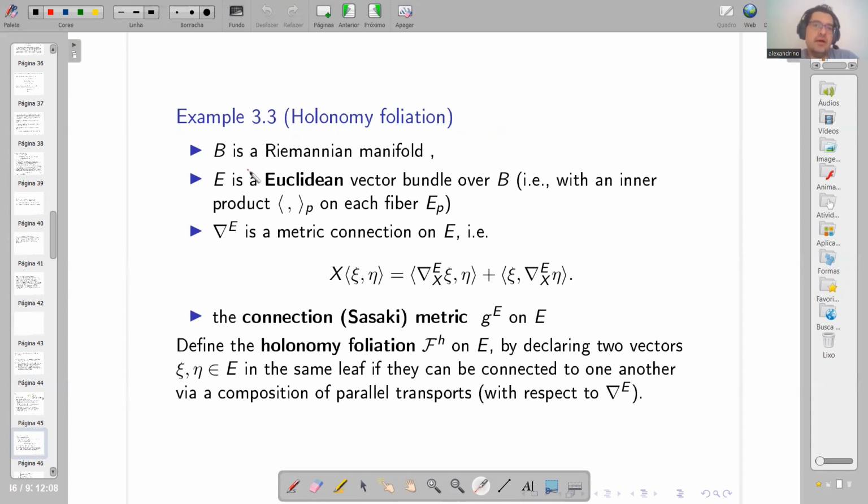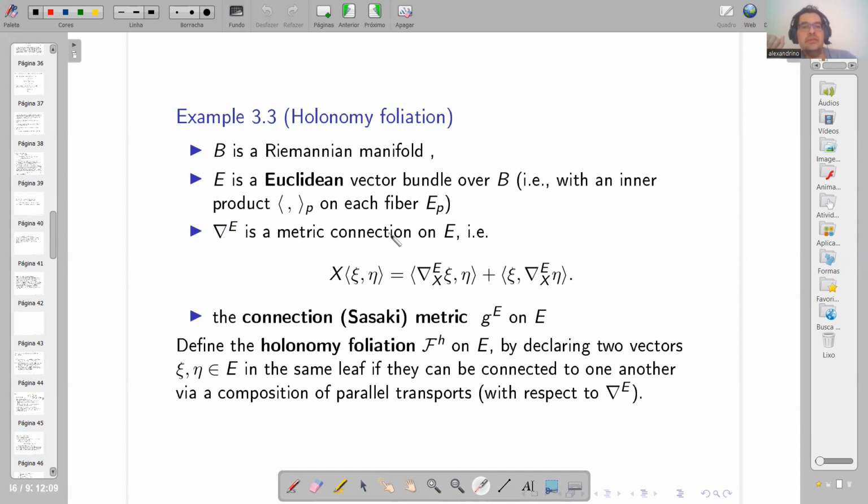So consider now B a Riemannian manifold and E a Euclidean vector bundle. That is, for example, think of B as an embedded submanifold in Euclidean space. Then E can be the tangent space of B, or E can be the normal space of B with the induced metric.